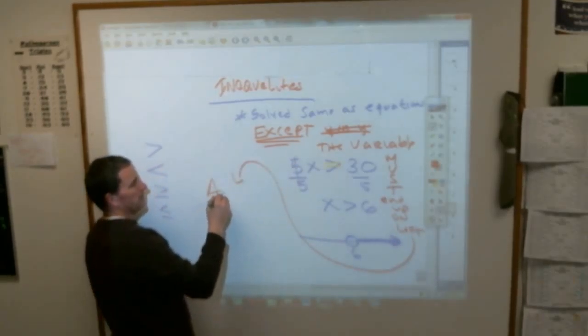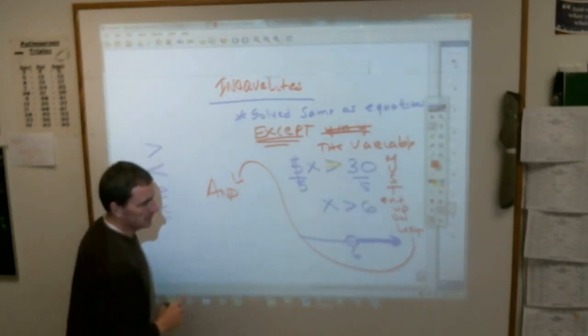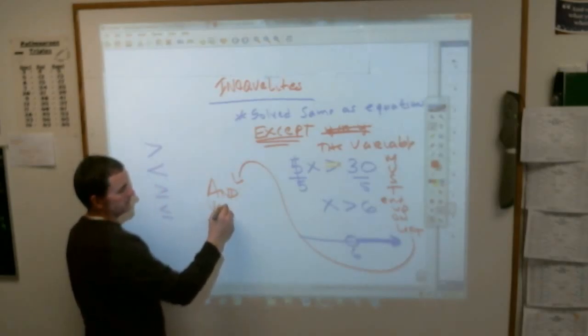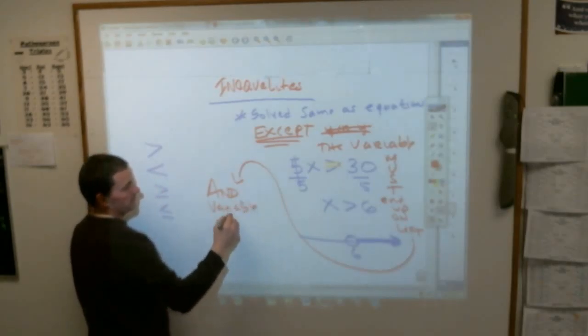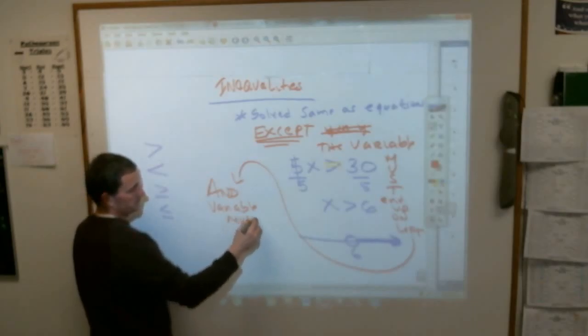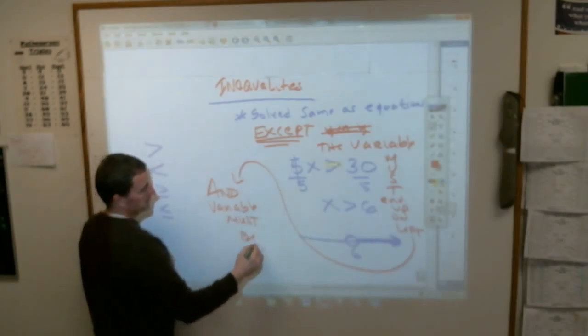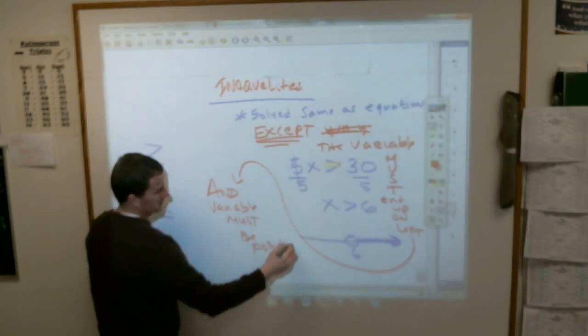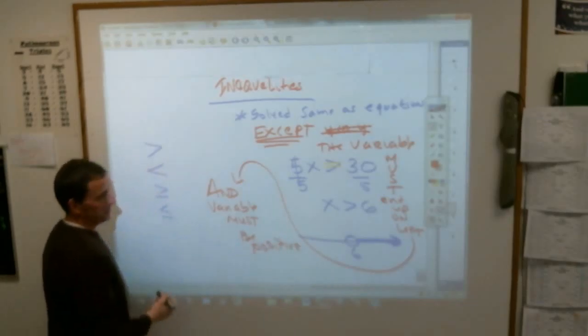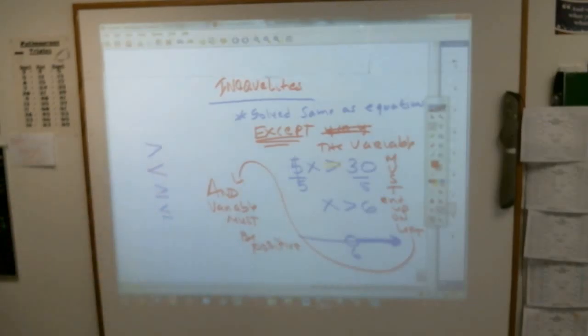And here's another big one. The variable must be positive. And that's really true with any equation, but we have to specifically look at those, and I'll let you write them down, and then we have to talk.